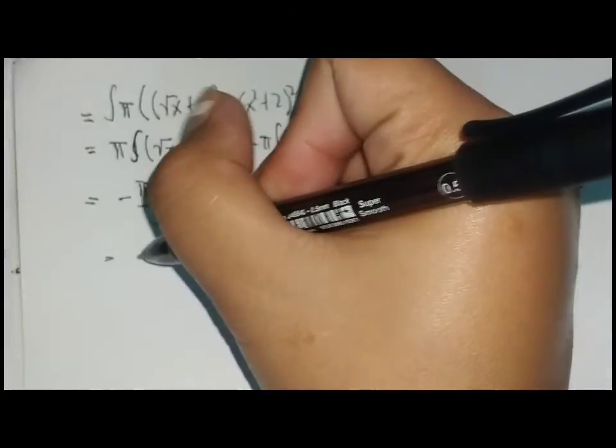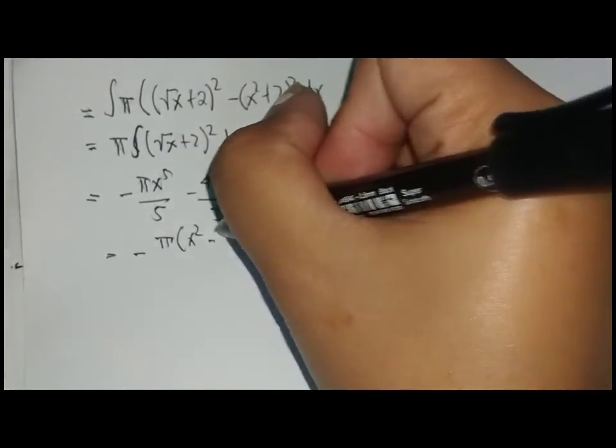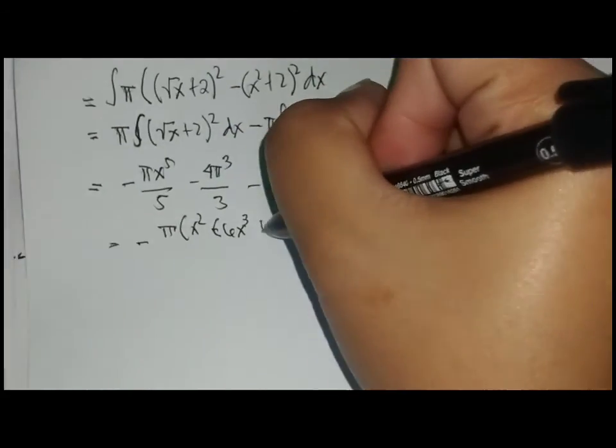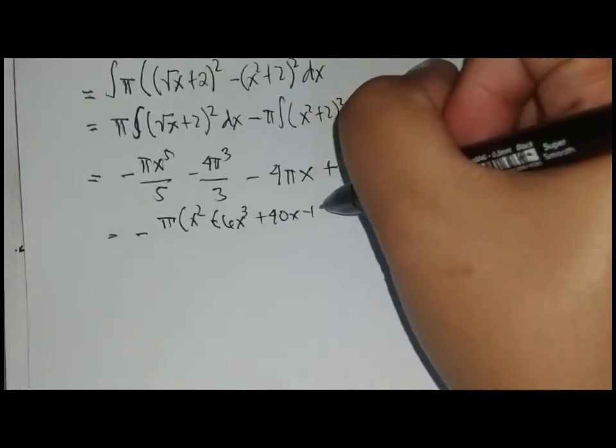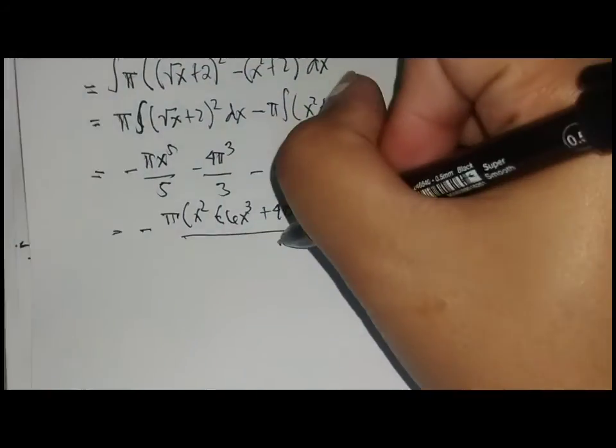To simplify, it is equal to negative pi x squared times (6x cubed plus 40x minus 15) minus 80 to the power of 3 halves over 30 plus c.